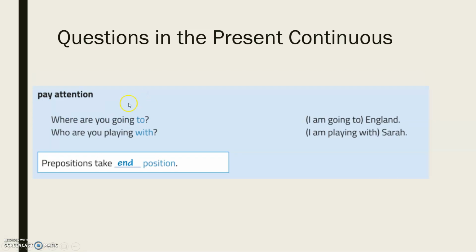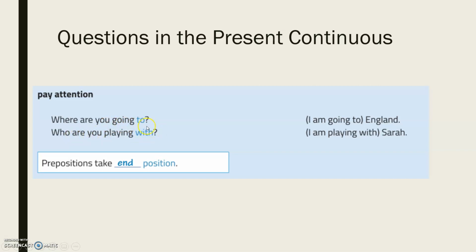Important here, as you remember, I hope, from the present simple: if you ask a question with a question word, and there is also a preposition, for instance to or with, make sure to put that preposition at the end of your sentence or question. So if you have a preposition, it comes at the very end of the sentence. For instance, where are you going to, or who are you playing with?